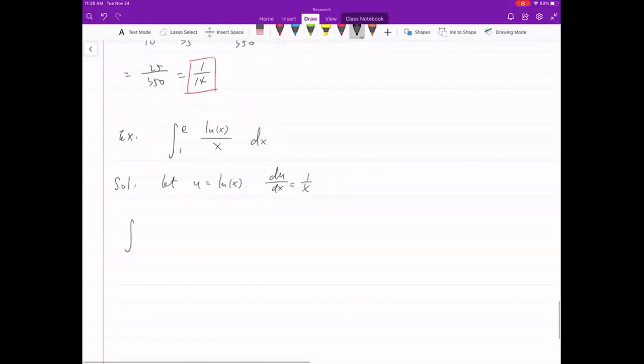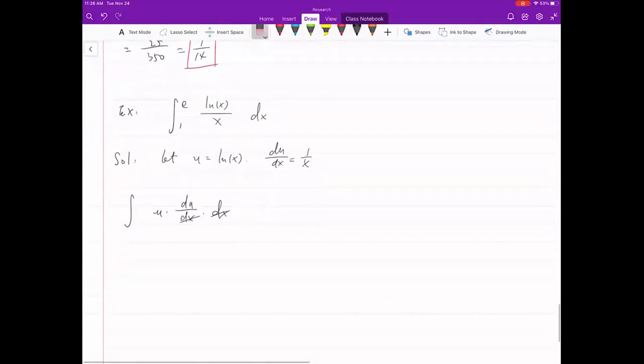Okay. Which is your u, times 1 over x, which is your du over dx, times dx. They cancel. U du, which is 1/2 u squared plus c.